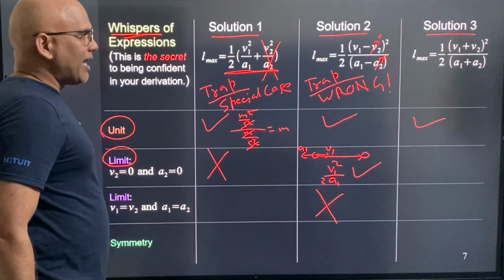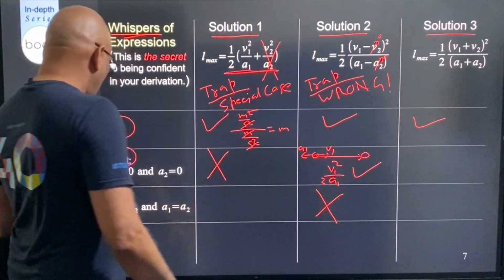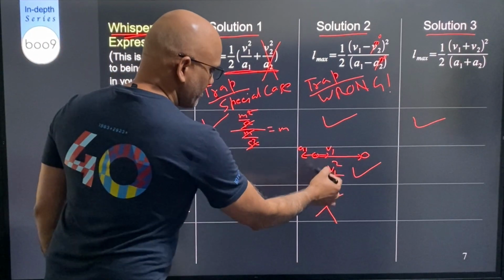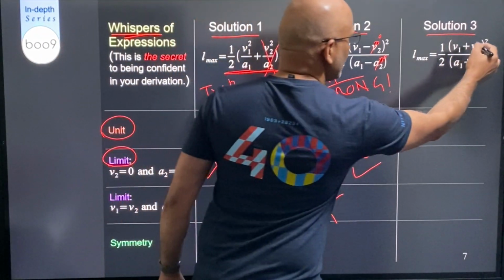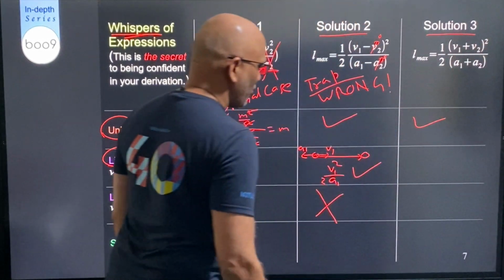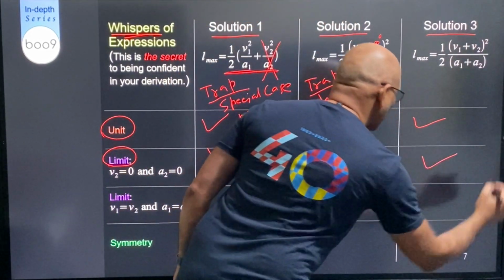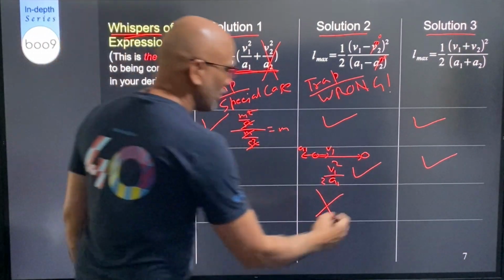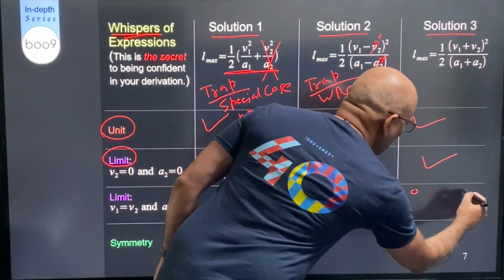Now let's check the last one. For v2 is equal to 0 and a2 is equal to 0, we should get this, remember. If I put this 0 and this 0, I do get v1 square by 2a1. So this checks for this. Now if v1 is equal to v2 and a1 is equal to a2, so these are the two objects.